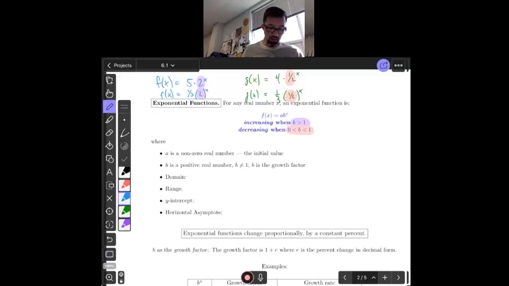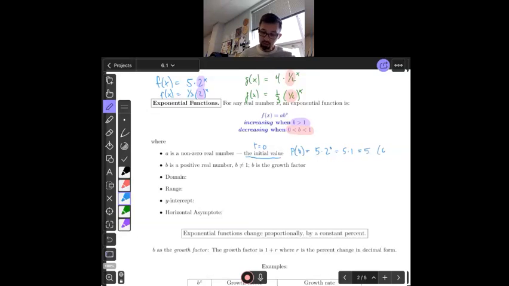Why that happens is because initial means when time equals 0. Usually we think about these as time problems, like P of t, the population versus a certain time. So if this was 5 times 2 to the 0, well, 2 to the 0 is 1, so 5 times 1, that'd be 5.